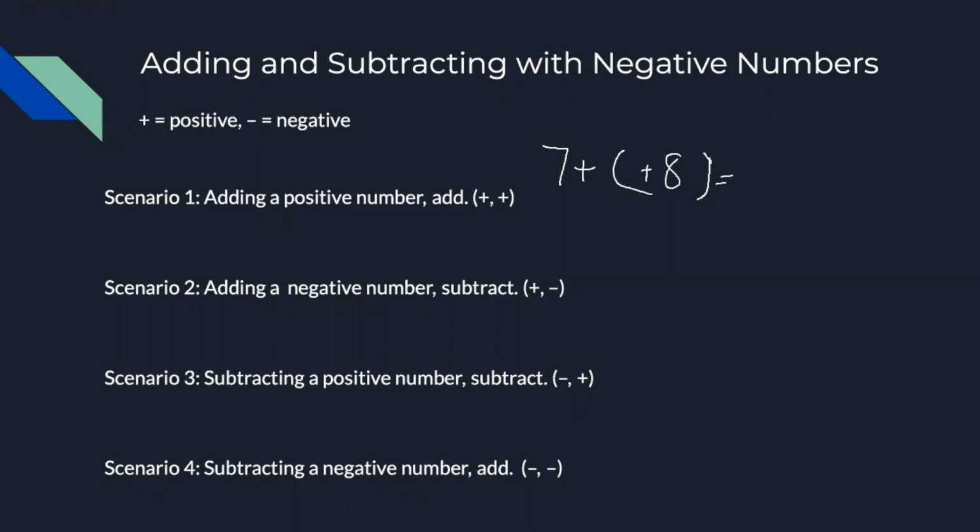Seven plus positive 8, or just 7 plus 8. Okay, so this is just 15, right? There's no tricks here. 7 plus 8 equals 15. Good. So remember, when the signs are the same, we can just add straight across.